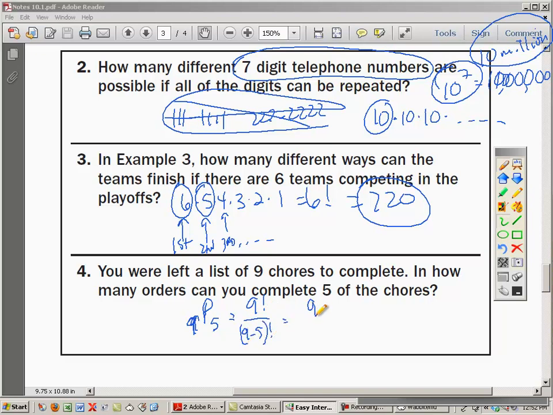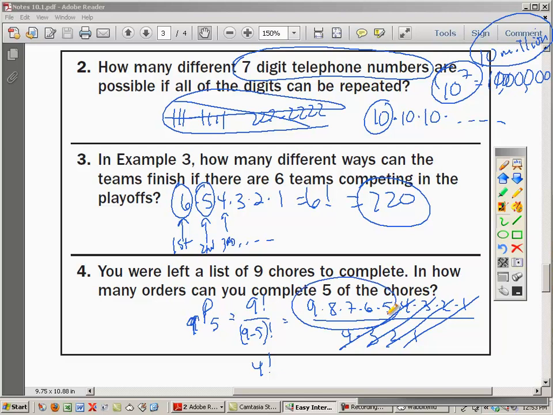So this is 9 times 8 times 7 times 6 times 5 times 4 times 3 times 2 times 1, all over 9 minus 5, which is 4 factorial, which is 4 times 3 times 2 times 1. These cancel, and I'm left with 9 times 8 times 7 times 6 times 5. And that comes out to 15,120 different ways.